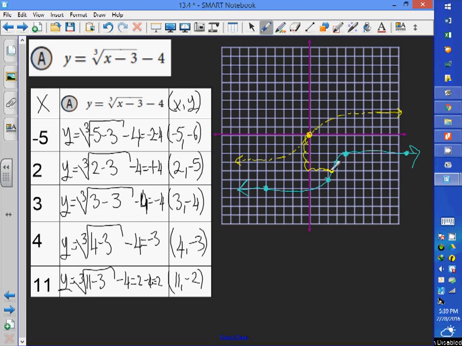And the graph goes 4 units down and 3 units to the right. So you can understand from the equation, the graph goes 4 units down and 3 units to the right. So that was the second example.